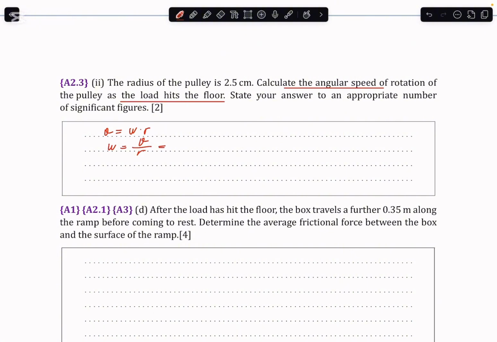Our linear speed was 2.14 meters per second when the load hit the floor, and our radius is 2.5 centimeters, which is 0.025 meters. This equals 84 radians per second. So this is our angular speed.